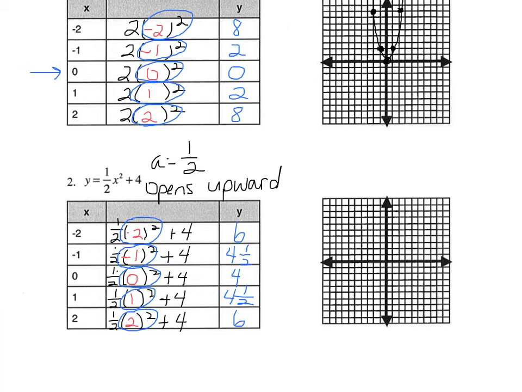So let's plot the point -2, 6. Go to the left 2 and up 6. About right here. -1, 4.5. We've got to estimate where this is. Go to the left 1 and up 4.5. 0, 4.